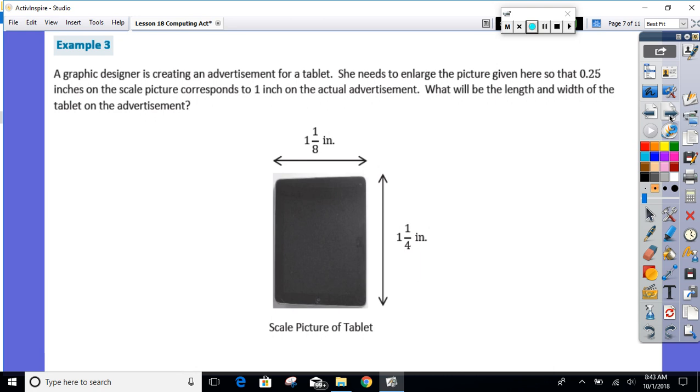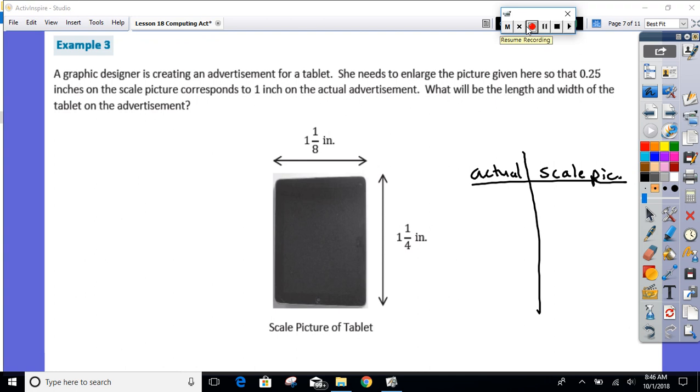So again, I want you to set up a table where we have the actual and then the scale picture. Okay, I'll give you a couple minutes to work on that, and just a heads up, I will ask you about the scale ratio and scale factor if you want to start thinking in those terms.